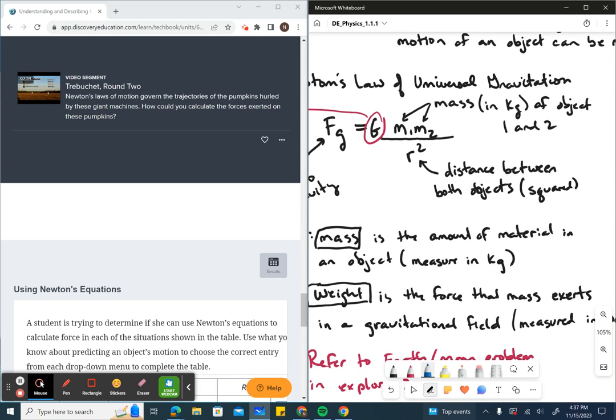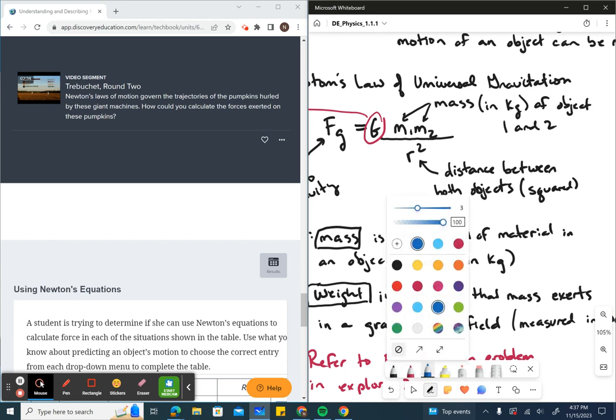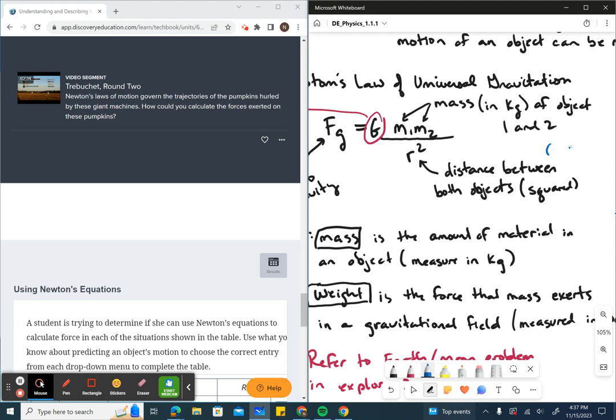You want to make sure that your distance between both objects, squared, is in meters. That's important. If it's not in meters, you're going to have to convert your units. Same thing with mass. You want it to be in kilograms. And that's it.